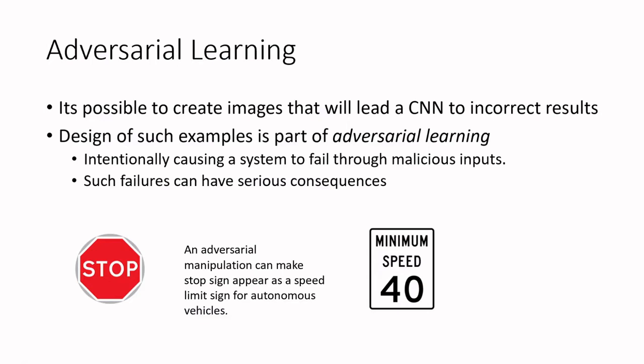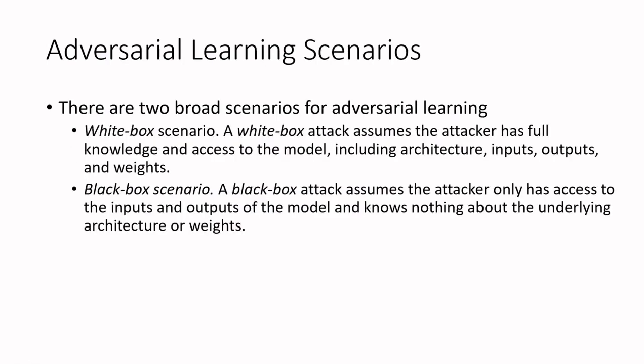So adversarial learning, adversarial attacks, these are very important issues and very important problems of interest to lots of researchers. We can think of two broad scenarios for adversarial learning. One scenario is known as the white box scenario.